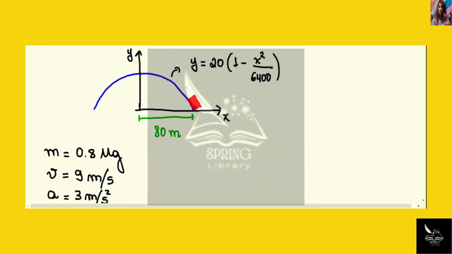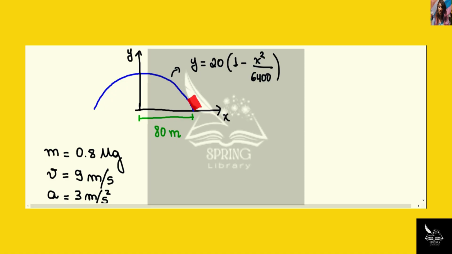What we have in the exercise is a car that is making a parabolic trajectory as shown in the picture: y equals 20 times 1 minus x squared divided by 6400. At the point shown in the figure, x equals 80 meters, the speed v of the car is 9 meters per second.